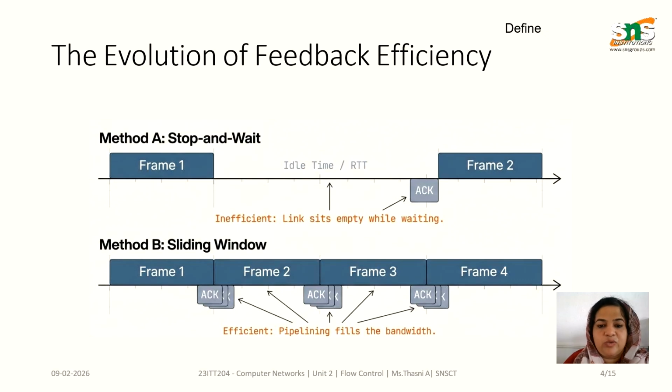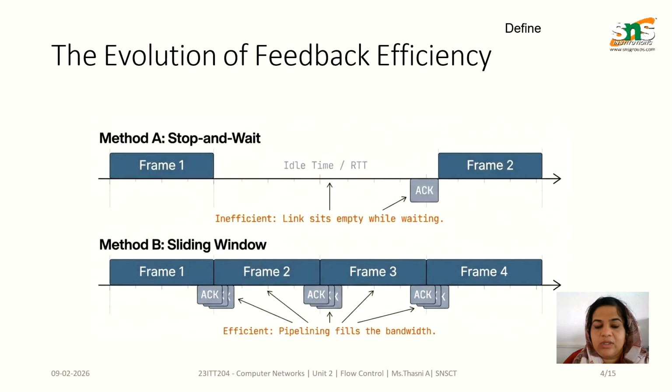Next, the evolution of feedback efficiency, how it works. We send frame one. Once we send the data, the sender will wait, and this waiting time is idle time, which is inefficient, like a link sitting empty while waiting.